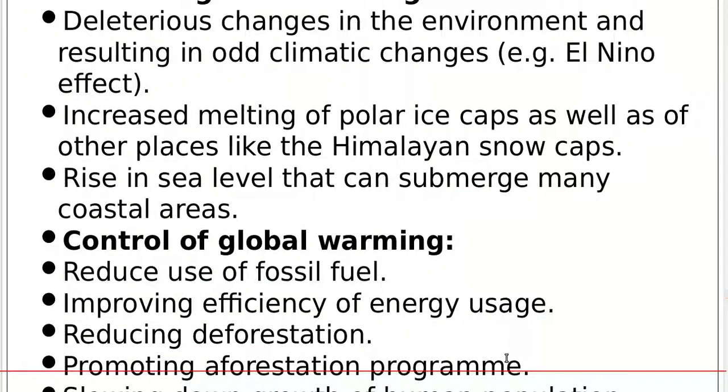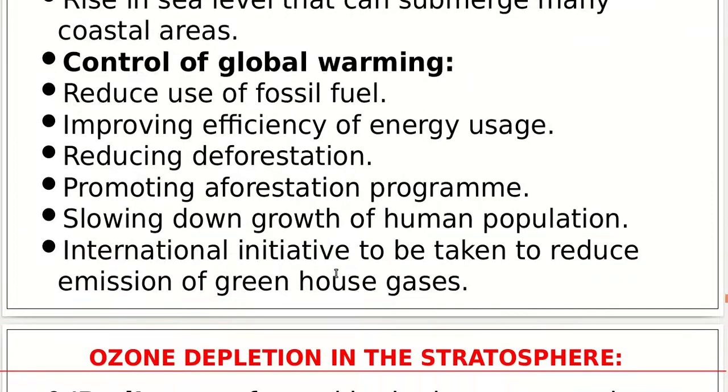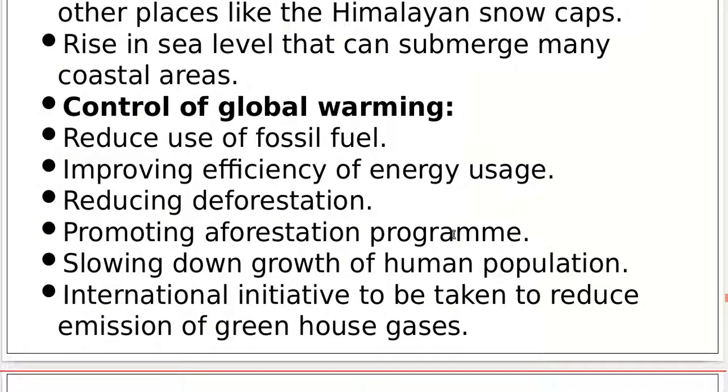Global warming can be controlled by reducing the use of fossil fuels, improving the efficiency of energy use, reducing deforestation, promoting afforestation programs, and slowing down the growth of human population. International initiatives should be taken to reduce emission of greenhouse gases. So that is sufficient for this video.